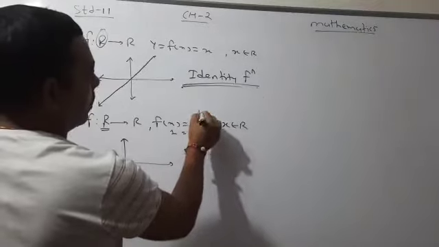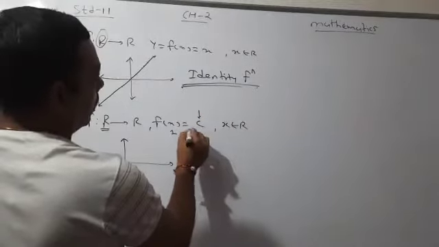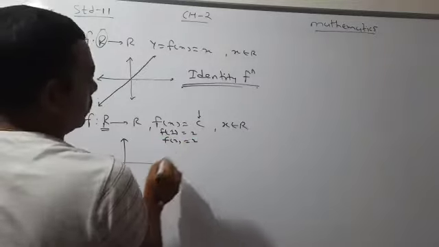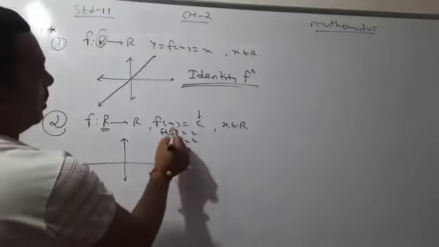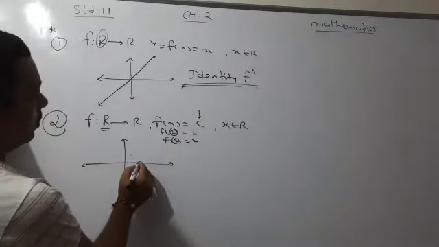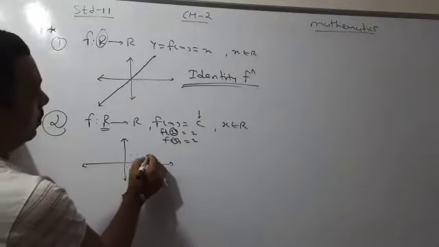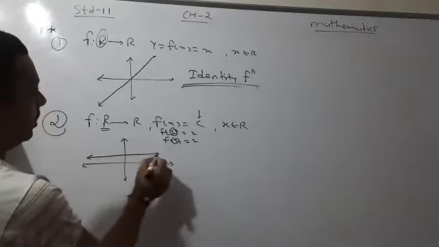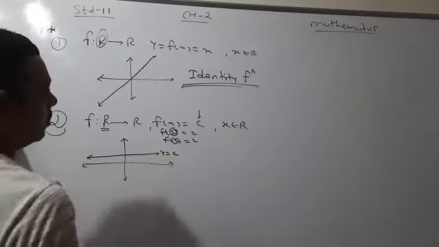For convenience I will consider c is 2. If I put f(1), my answer is 2. f(2), my answer is 2. It means x varies, but y is fixed. So it is (1,2), (2,2). This way we get a horizontal line, say y is equal to c.